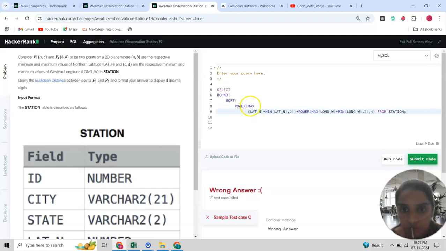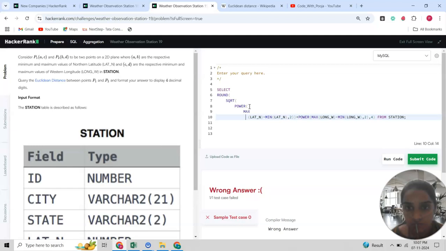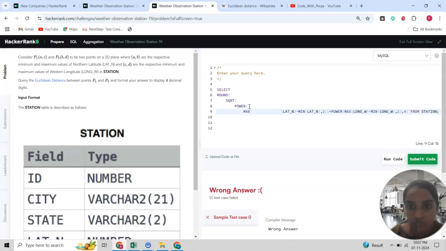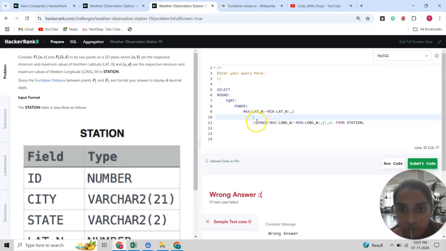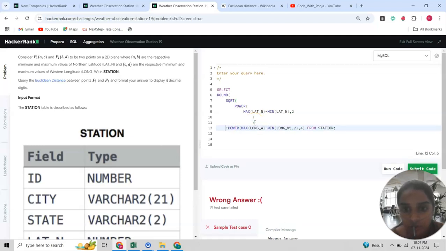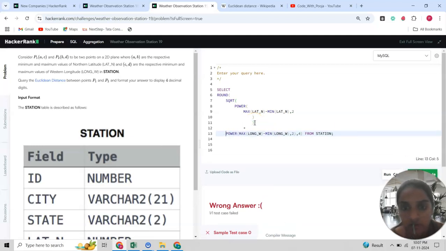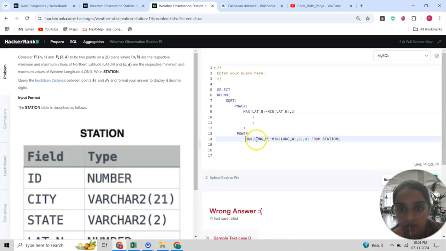For the max there is a 1, round, this is for the power, this is for the SQRT, and the plus having its own, and then power having its max, and the max longitude latitude.